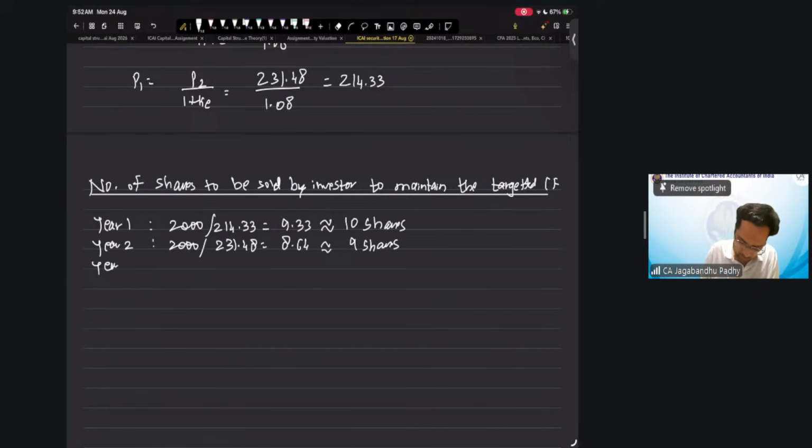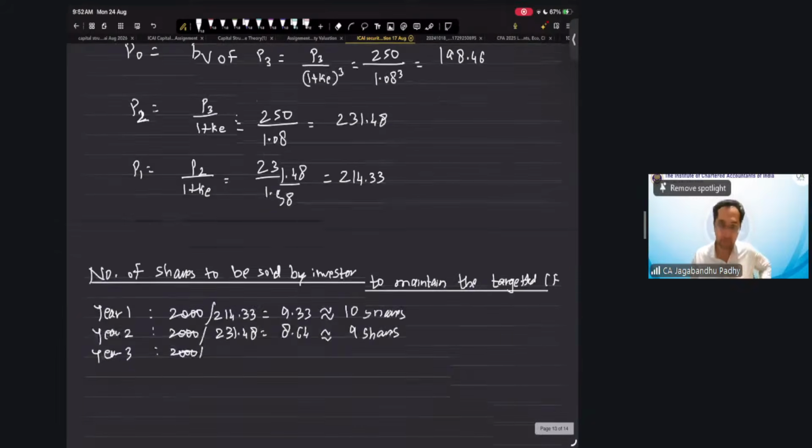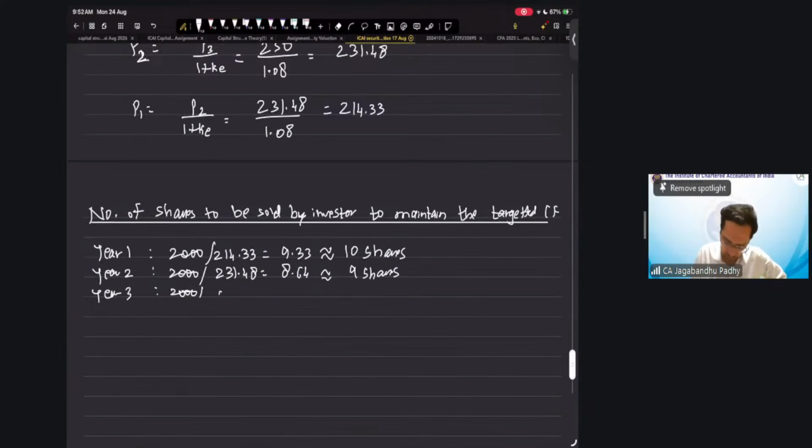And then in the third year, it will be 2000 divided by 250, we can say 8 shares.